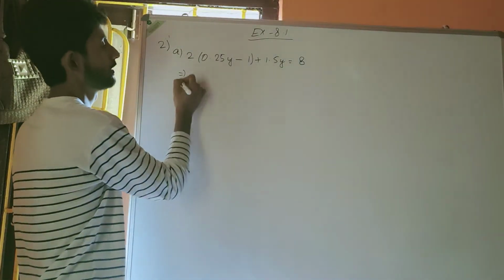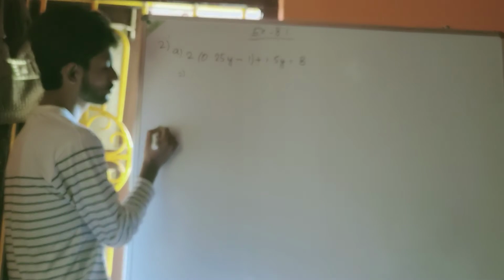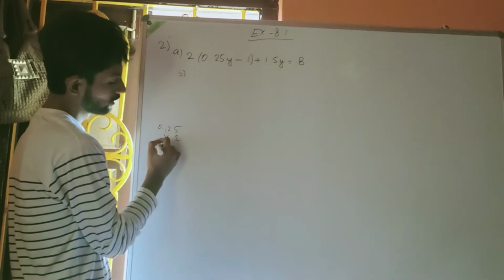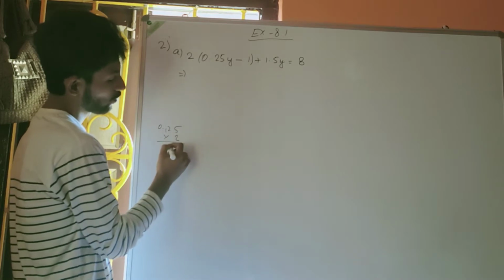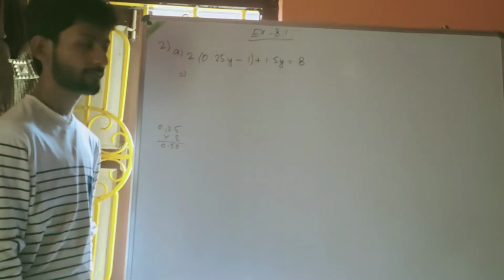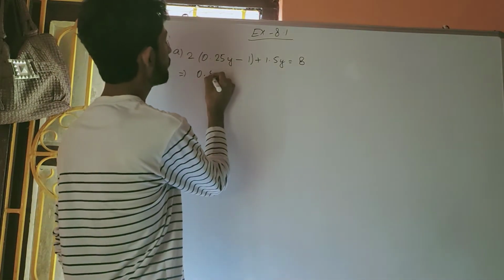In that question, first you have to remove the bracket. So first multiply 2 into 0.25. It will be 0.50.